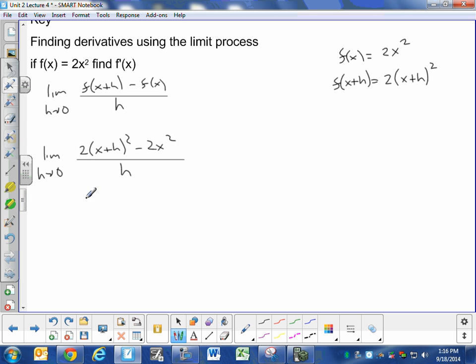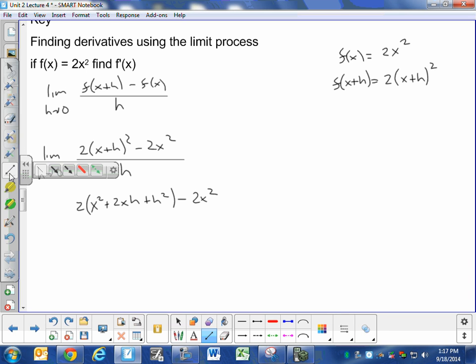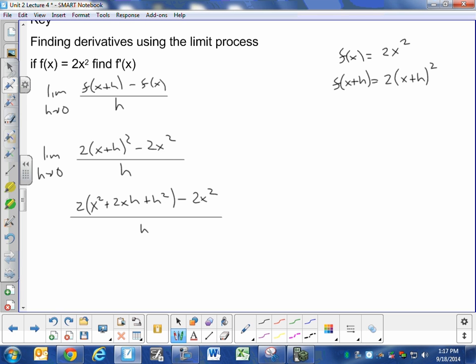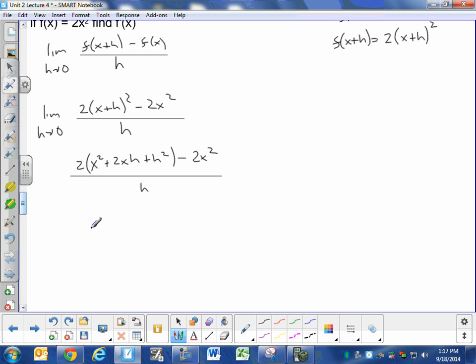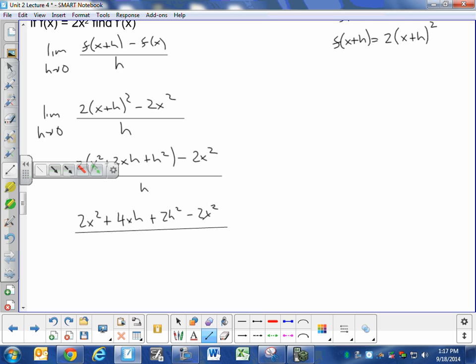Square x plus h: x squared plus 2xh plus h squared. Subtract the 2x squared, that's all over h. Distribute the 2: 2x squared plus 4xh plus 2h squared minus 2x squared all over h.